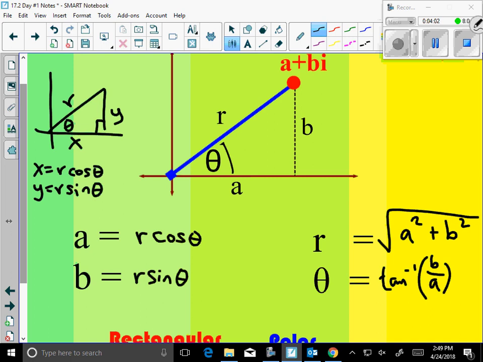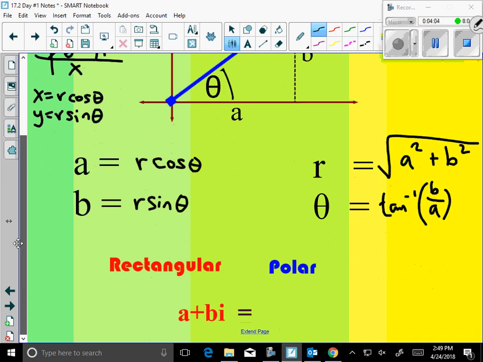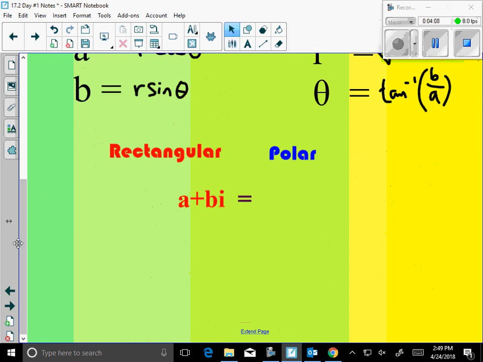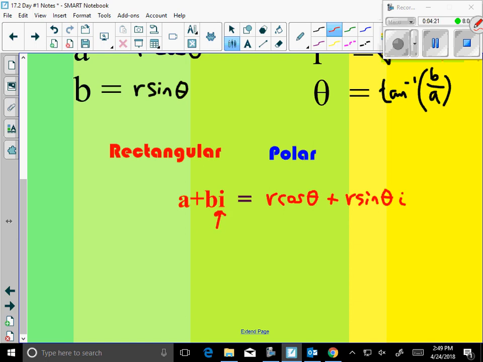Now, why do we do this? The reason we do it is so that we can take a plus bi and put it into this polar form. So a, we said, was r cosine theta, and b was r sine theta, but we can't forget this i here. Now what's cool is in the next step, both of these have an r, so we factor it out. And I'm going to bring the i in front of the sine.